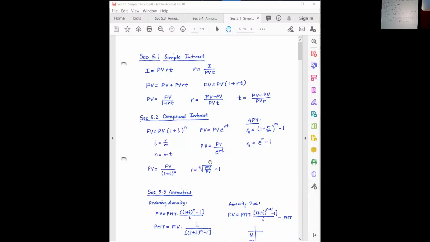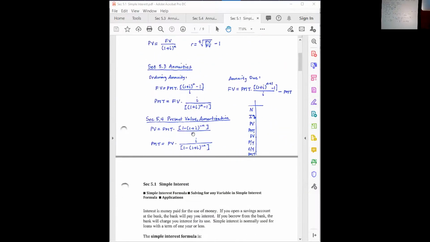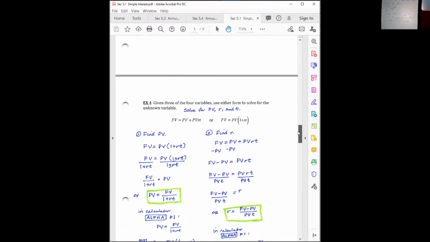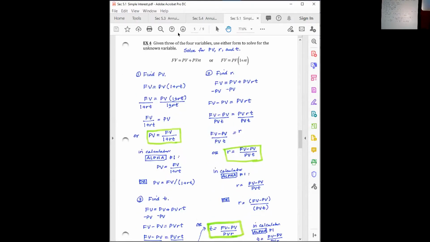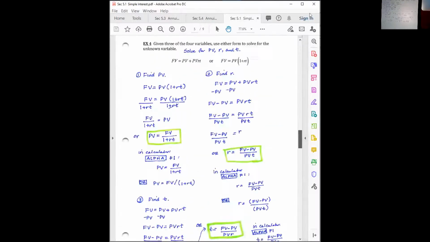So look at these formulas here. I don't think I have them in here. I think I solved them for you on paper though. Oh, here it is. Wait, nope, this is simple still. Yeah, it's all simple.